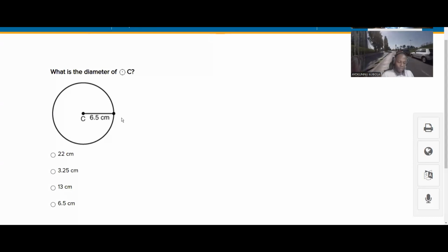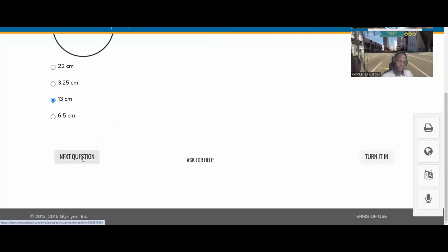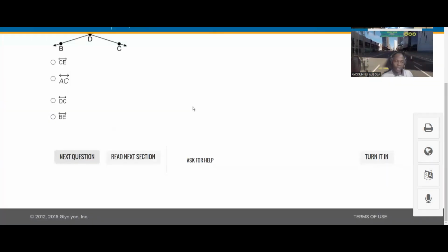Diameter is twice the radius. So 6.5 plus 6.5 is 13. Miggy, I want you to concentrate because you will write your test and your exams soon, okay?